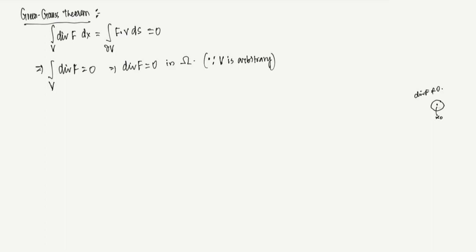So at the point x naught there is a neighborhood where it will be positive. That's the neighborhood property of a continuous function. Then if you take your v to be that particular neighborhood and integrate, it is going to be non-zero, which gives a contradiction. So it has to be 0 over the whole domain omega.